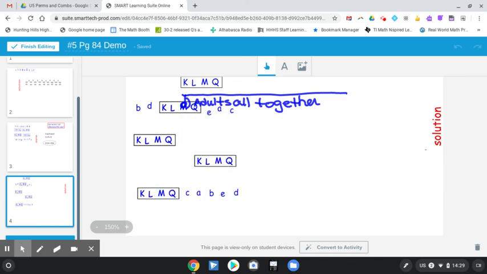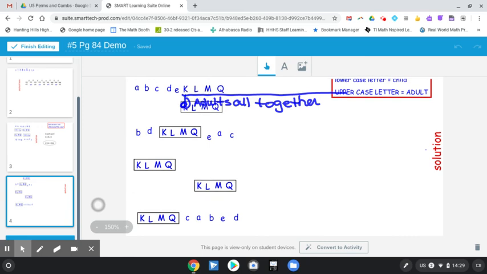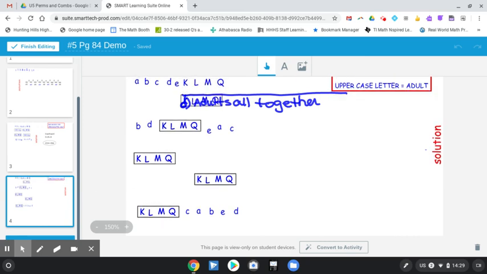If I had the smartboard, I could do this off to the side here. So instead of having K, L, M, Q, I could have the adults all together, but in a different order. So maybe I have Q, L, K, M. Adults are still together, so I'm still treating them as one element.